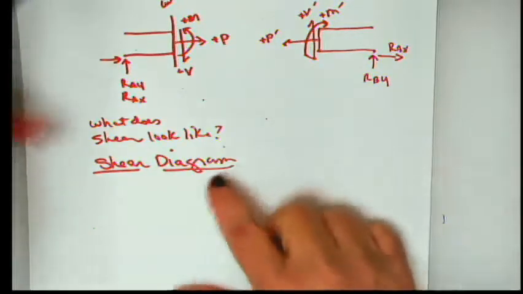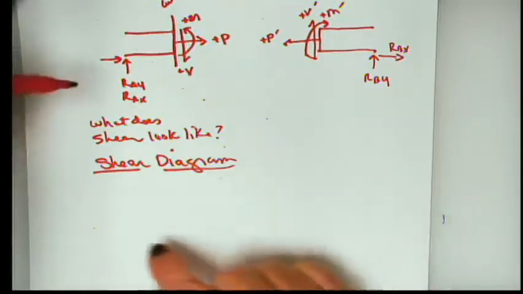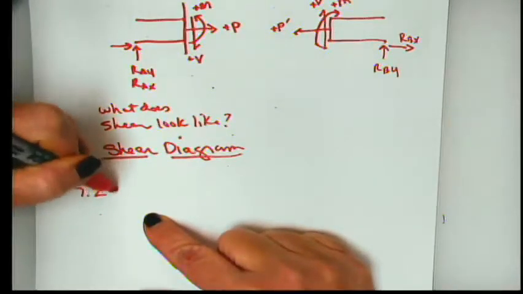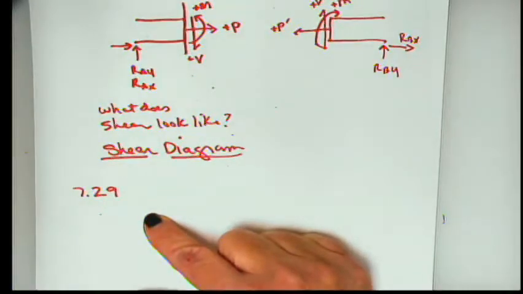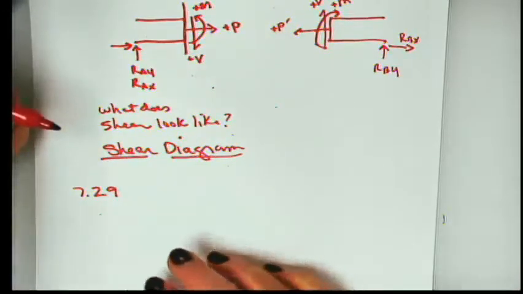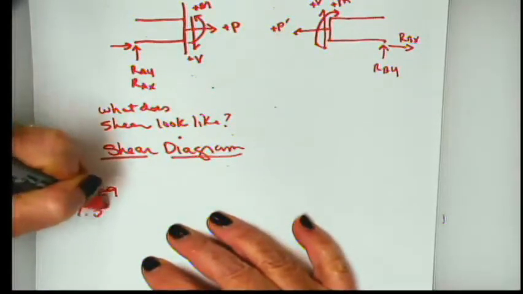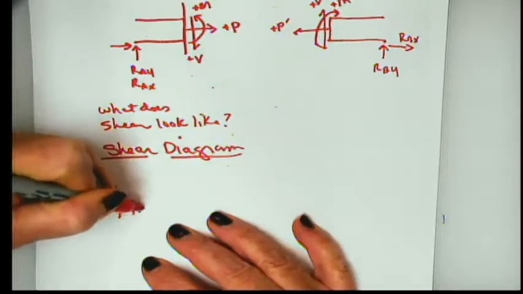All right? All right. So let me draw problem 7.29 in your textbook, and then I will... I think I'm going to start with 7.31, just because it's very straightforward, and then I'll do 7.29 after.